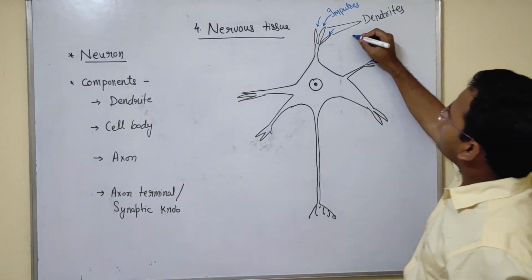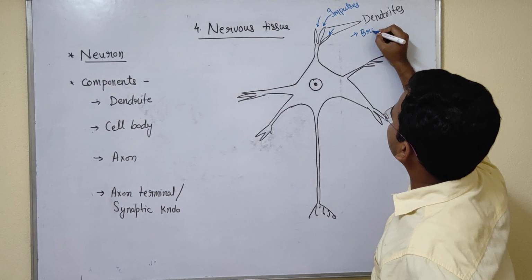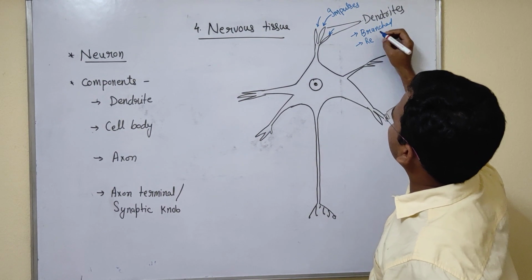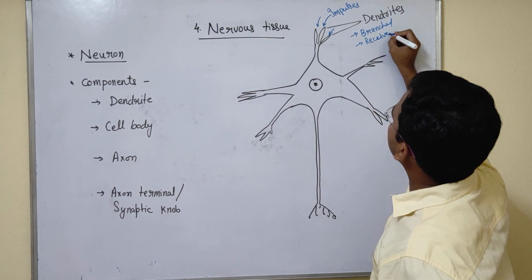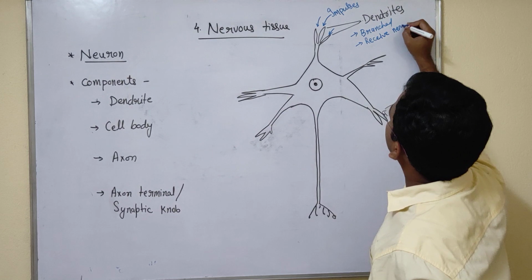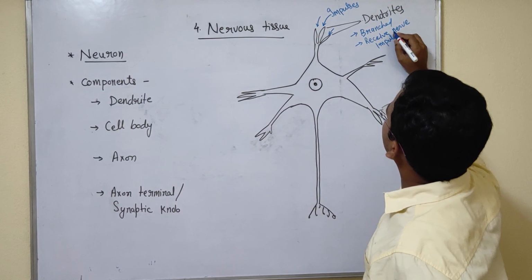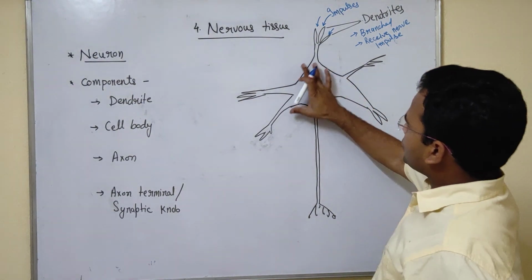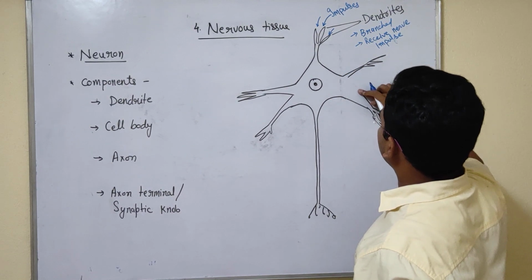These dendrites are highly branched, and they receive the nerve impulse, R-E-C-E-I-V-E, receive nerve impulse, I-M-P-U-L-S-E, right?